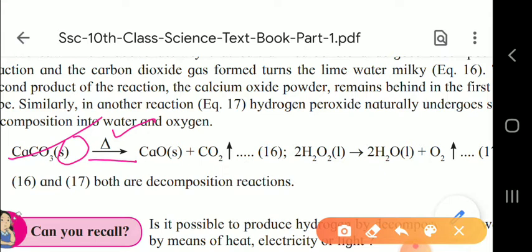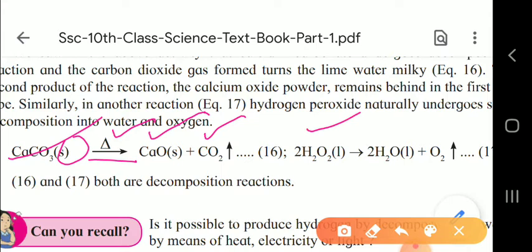Because heat is given in this reaction. Already I told you that calcium carbonate is heated. That means heat is given here. That is why this small triangle is the symbol of heating. What will be formed? Calcium oxide, that is quick lime, and carbon dioxide will be liberated. This carbon dioxide turns the lime water milky.